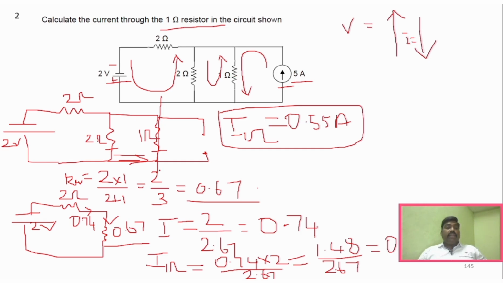How will I do that? Now we have to consider only this source, right? So what we have to do? I'll just erase this so that you can understand it.